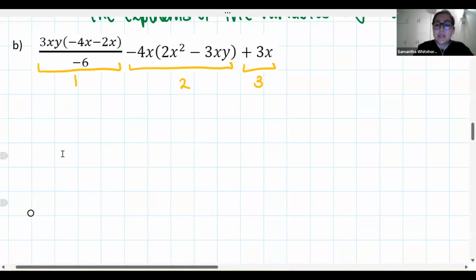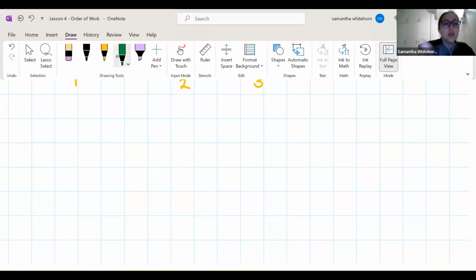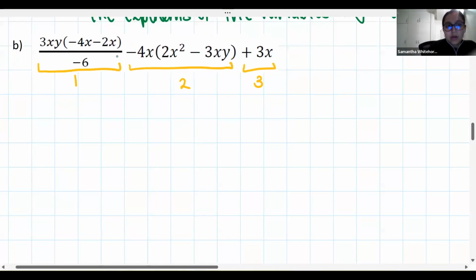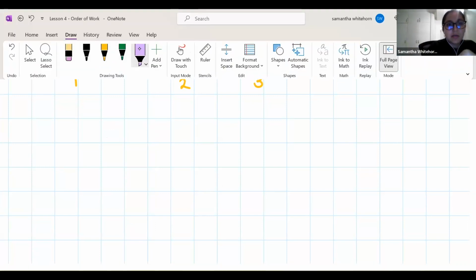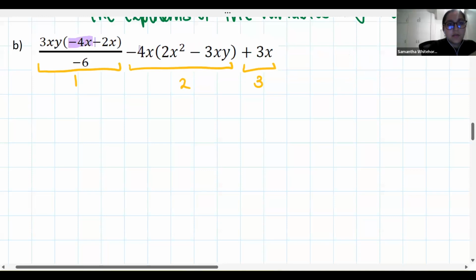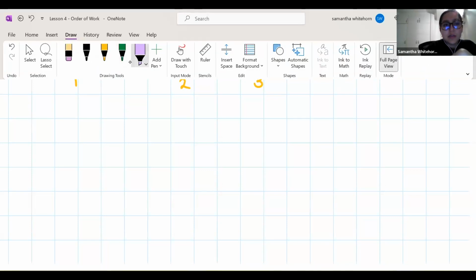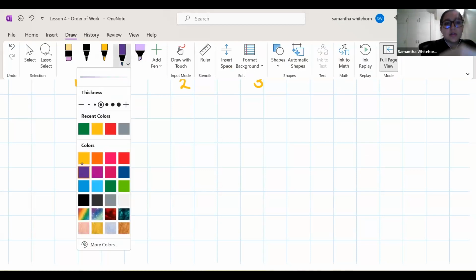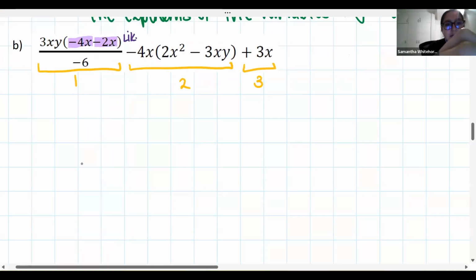So we're going to do exactly the same thing. We've identified our terms. Now we want to simplify each of our terms. So if we start with our very first term, which is the fraction, we need to have a look and see what's going on here. Now, guys, the very first thing that I'm hoping you notice is that minus 4x and minus 2x are like terms. And because they are like terms, I can add them together before I start doing anything else.